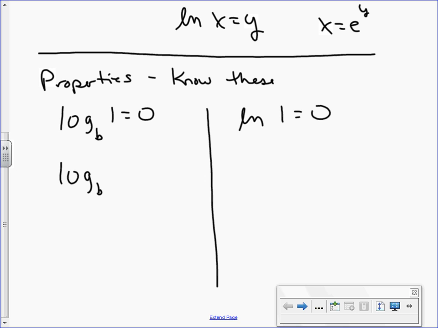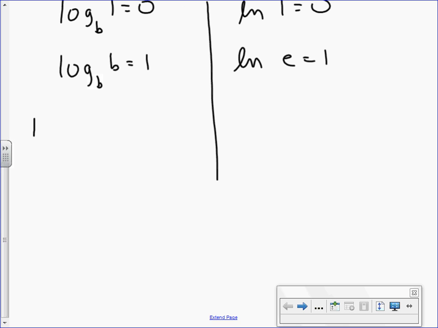If the base matches the argument, log base b of b, the answer is 1. Therefore, the natural log of e is equal to 1. The log base b of a product can be broken apart into an addition problem.